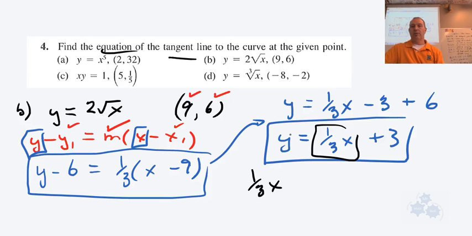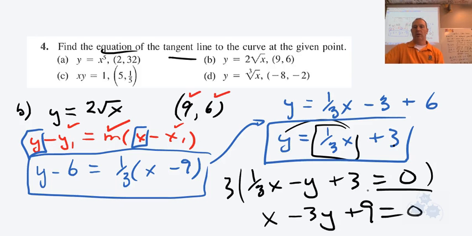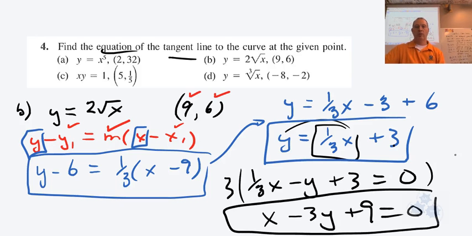If we keep that positive, let's bring that over, minus y, and that stays over there, plus 3 equals 0. And then we multiply everything by 3 to get this coefficient to be a whole number, so that's by 3. So it's going to be x minus 3y plus 9 equals 0. So those 3 would be acceptable.